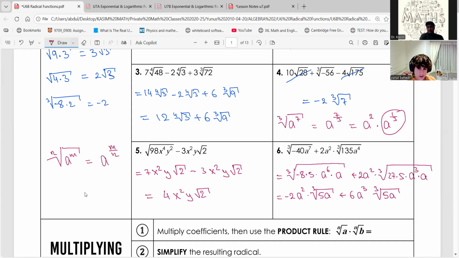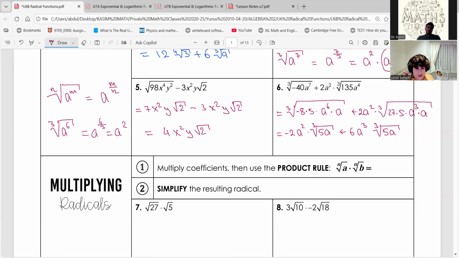This definition. And that's why if we have cube root of, let's say, a to the power of 6, it means a to the power of 6 divided by 3, which is equal to a squared.